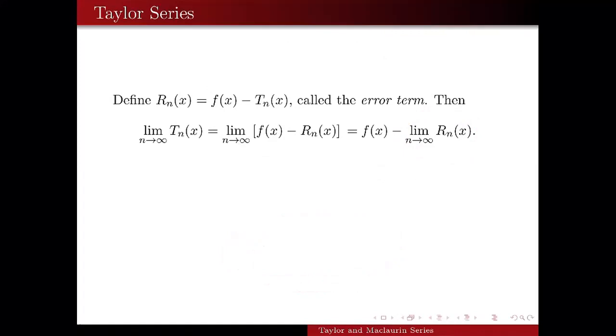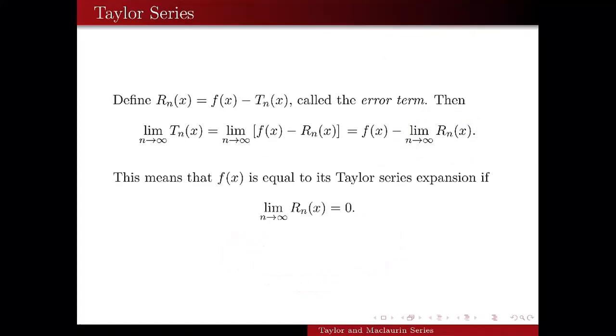Correct? So this means f of x is equal to its Taylor series expansion if the limit of the error term goes to 0.